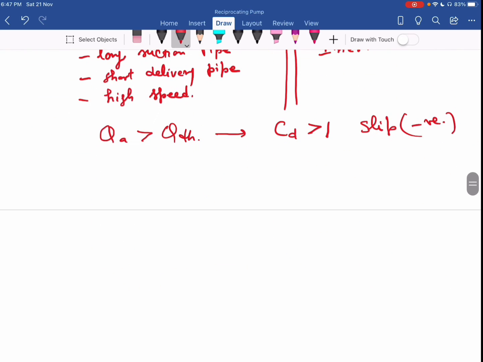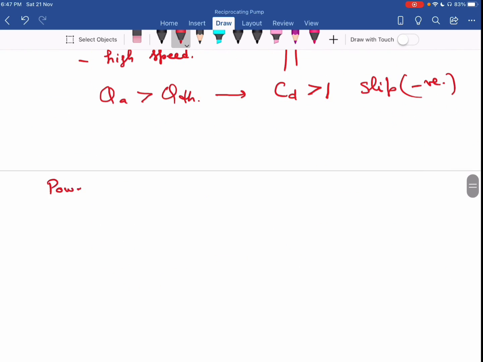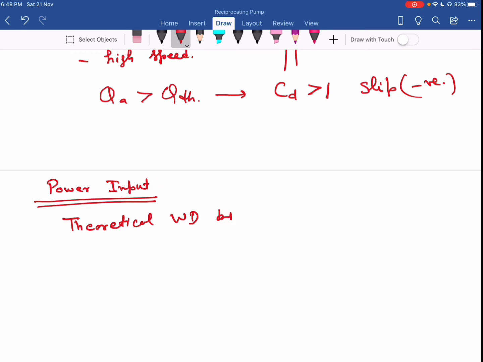Okay. Then the formula for power input to the pump. That formula I can write as the theoretical work done by the pump, W, equal to rho G into QTH into HSD, the static head. This is the formula for a single acting reciprocating pump. My HSD I can write as suction head plus delivery head.